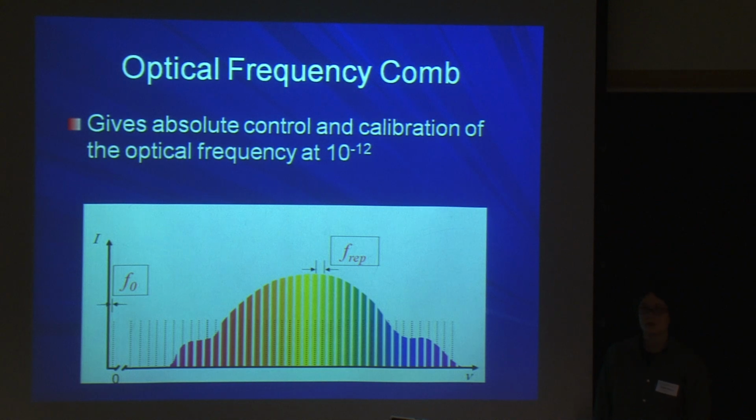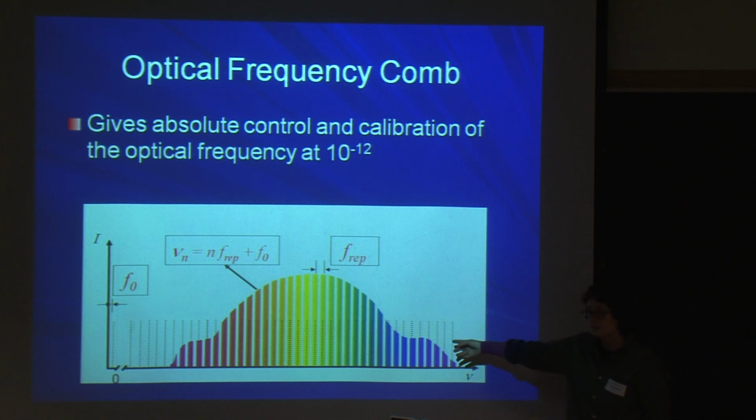We can look at both of those frequencies in the lab, which means that we can relate them with an equation to figure out the frequency of any mode in the structure. And a mode is one of these ticks here. So with this equation, we can interfere light with this and figure out what frequency it's at.